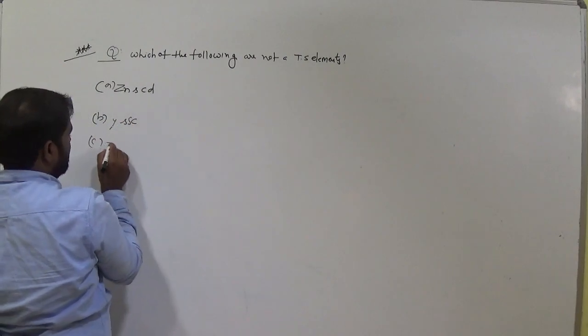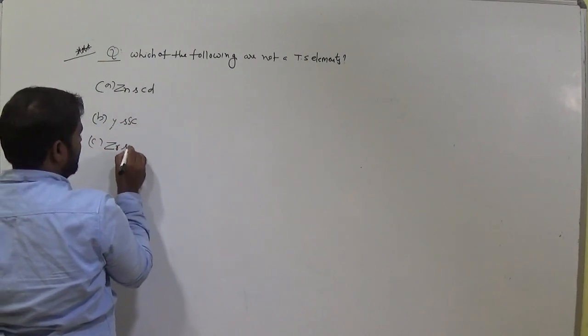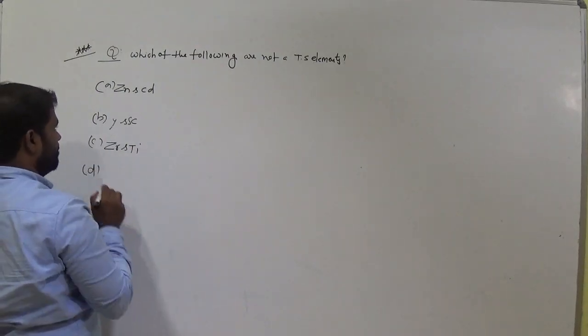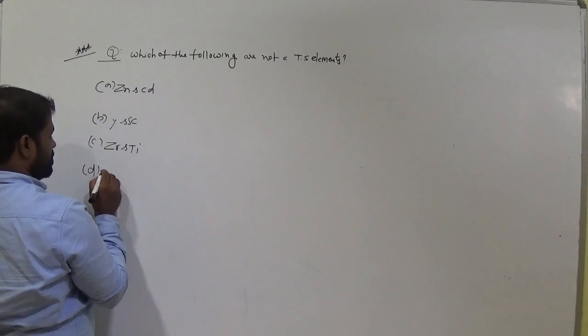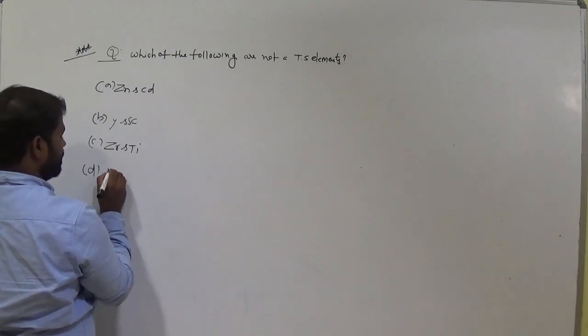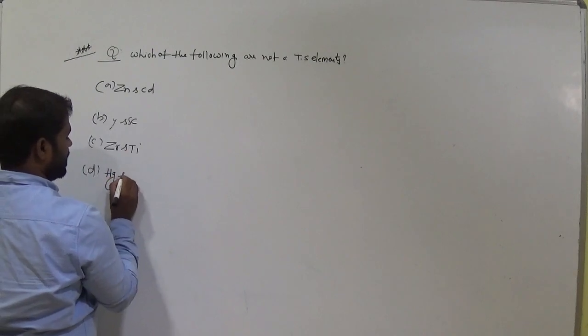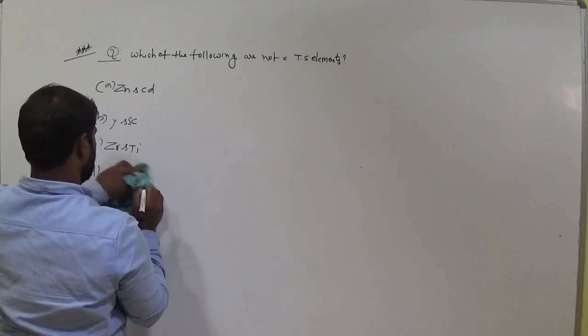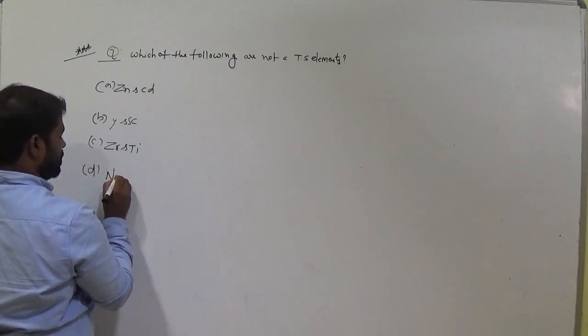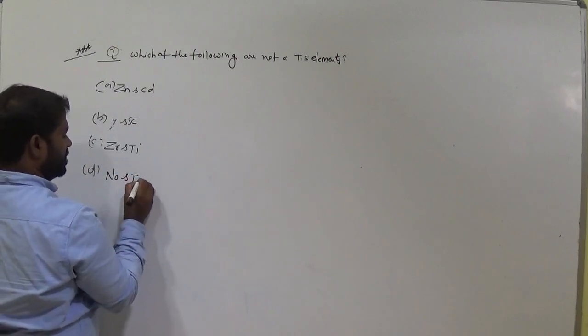Option C, zirconium and titanium. Option D, Hg, and we'll discuss later, niobium and technetium.